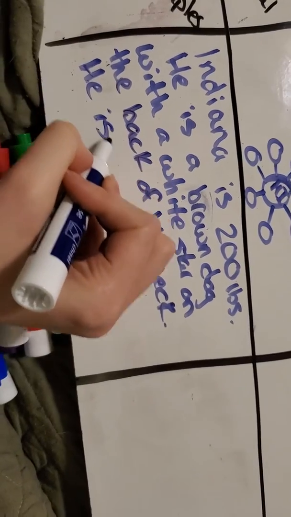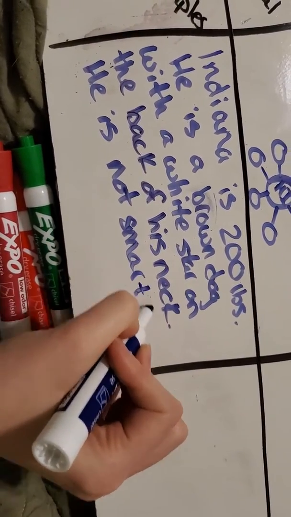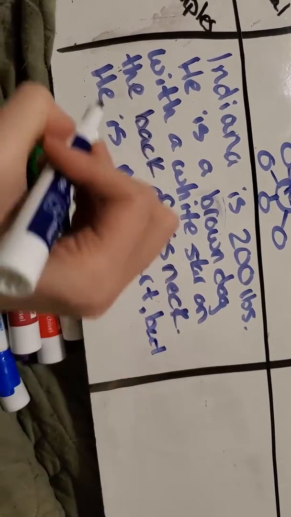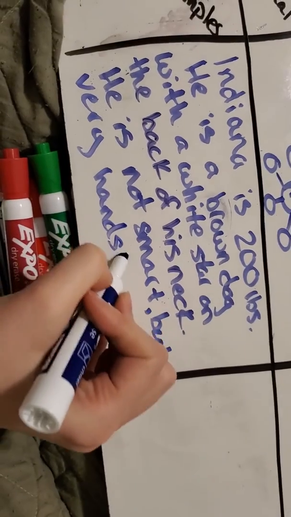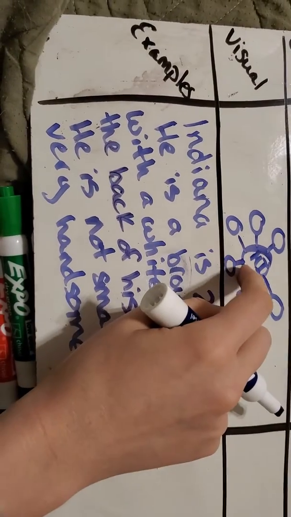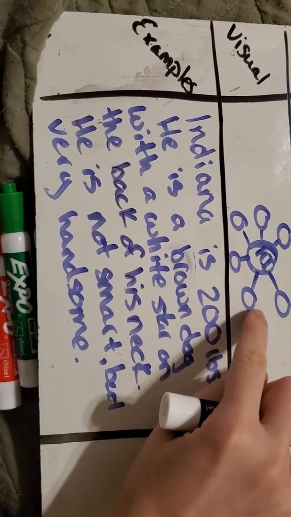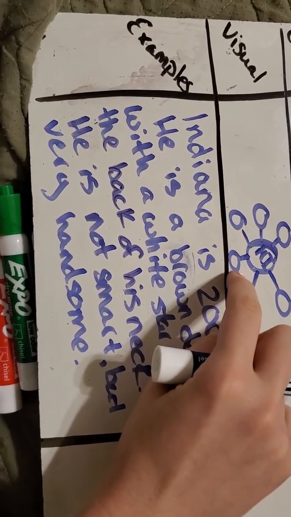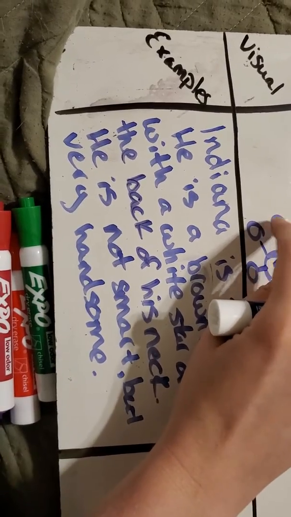He is not smart, but very handsome. So I described Indiana. My main idea would be Indiana. My details: he's 200 pounds, a dog, brown with a white star on his neck, not smart, very handsome.